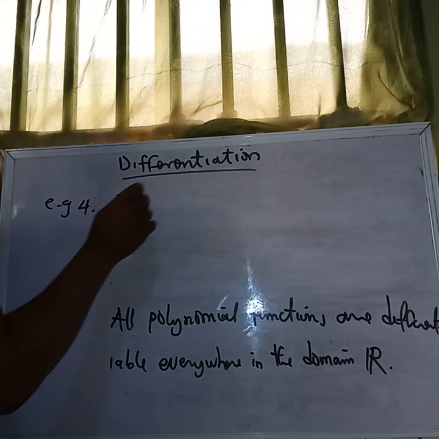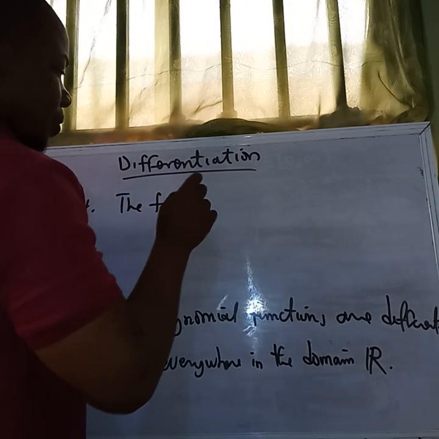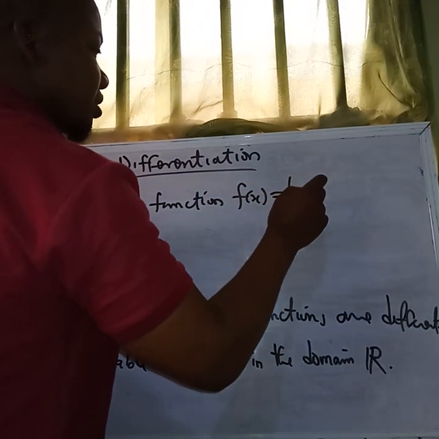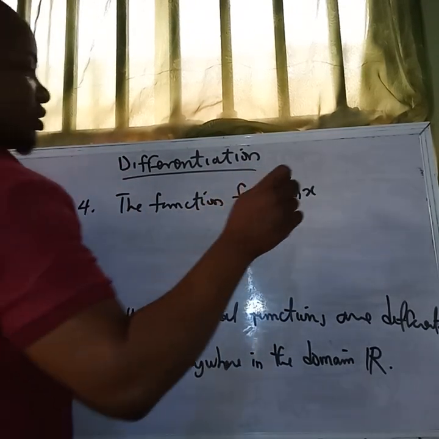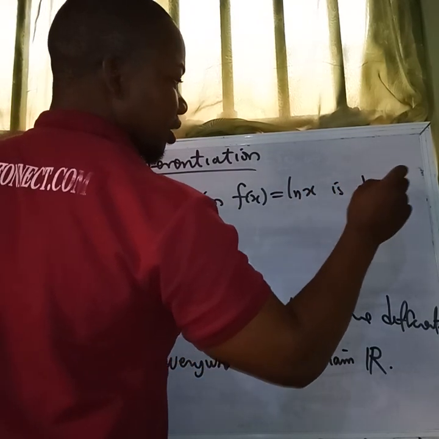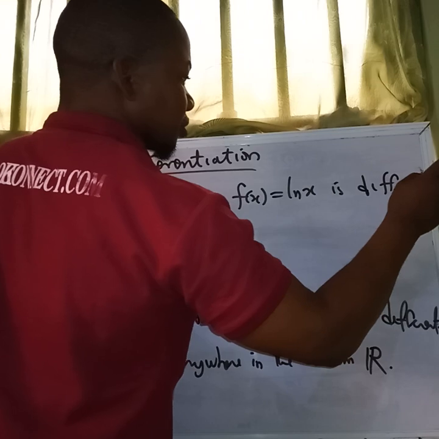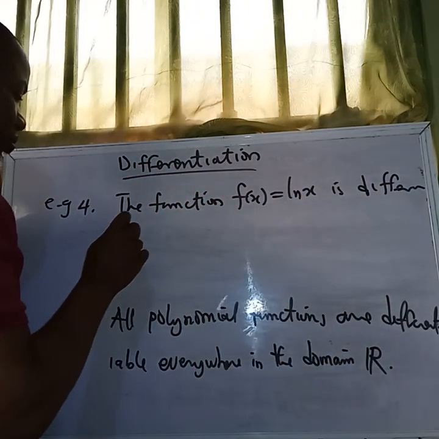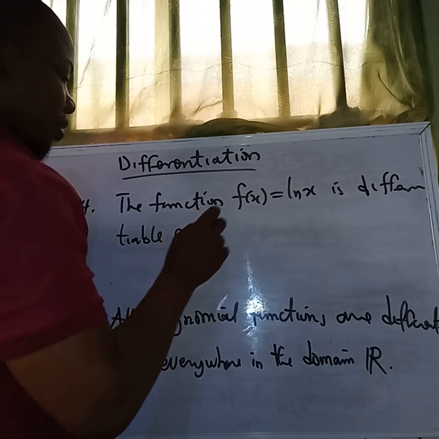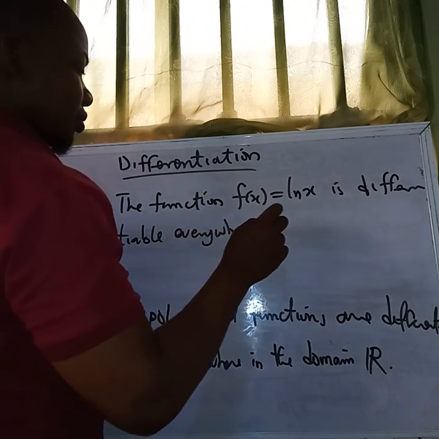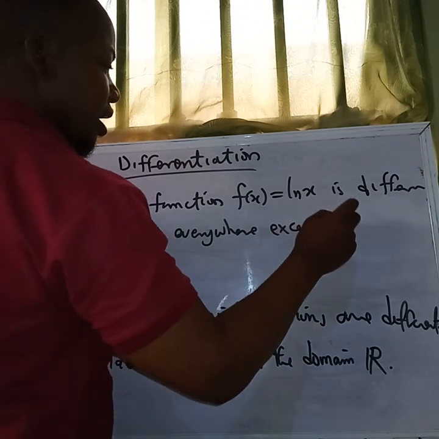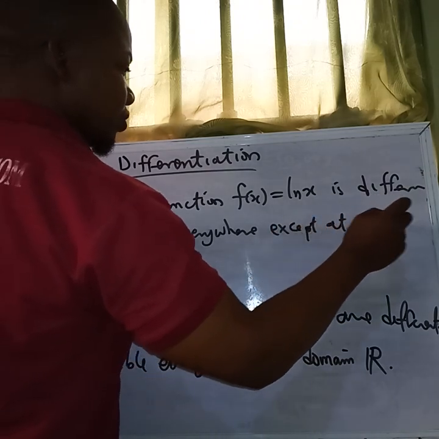The function f of x equal to ln x is differentiable everywhere except at x equal to 0.